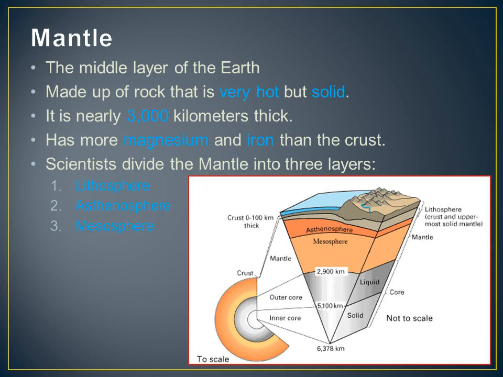And we also divide the mantle into 3 layers: the lithosphere, asthenosphere, and mesosphere. Again, like our atmosphere, don't worry about memorizing those different layers. Just know that yes, there are different layers within the mantle.